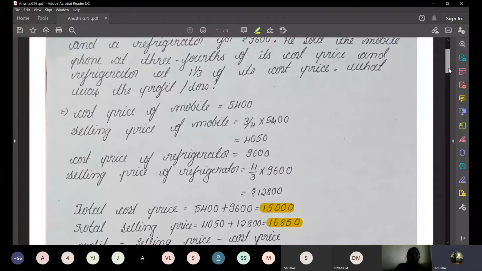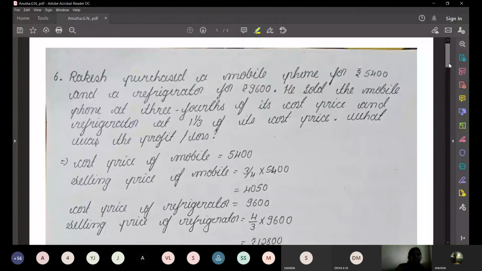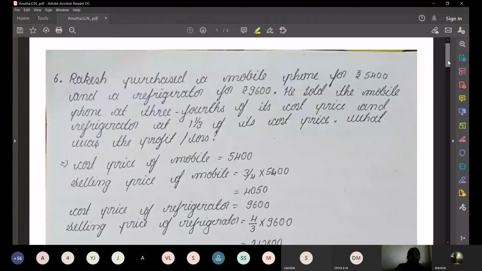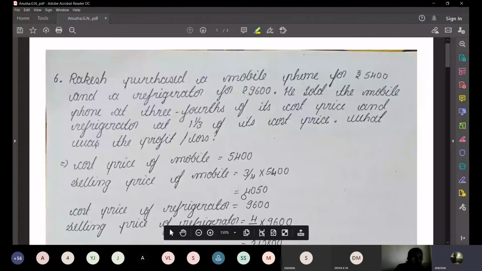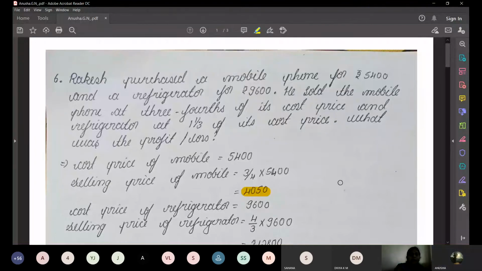Anusha, yes, see this. He is selling the mobile for 3 divided by 4 into 5,400. 5,400 is the original cost of the mobile; he bought it for that. But when selling, they have said, see here, the selling cost: he sold the mobile phone at 3/4.